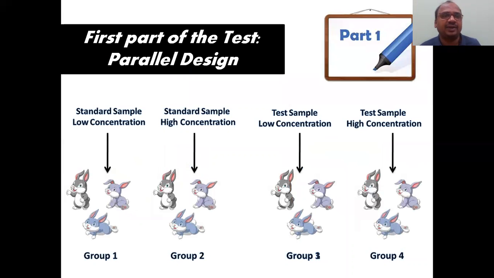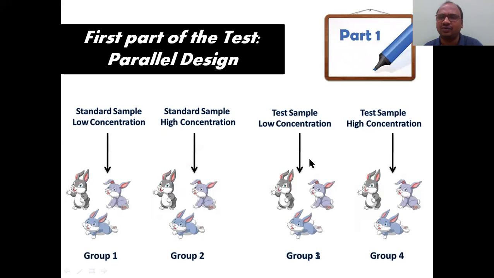Now you come to part 1. The first part of the test is called a parallel design. You have to do part 1 and part 2 both. As I have told, there are 4 groups, group 1, group 2, group 3, group 4, with 3 in each group. I have told you 2 preparations you have to make, 2 dilutions. So the standard sample, low concentration, you first give to group 1, like that.